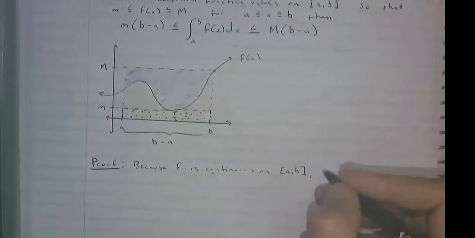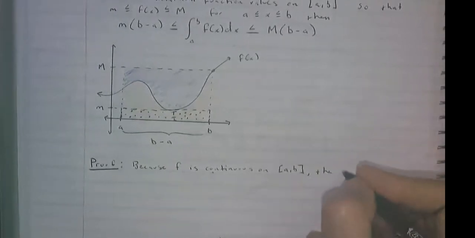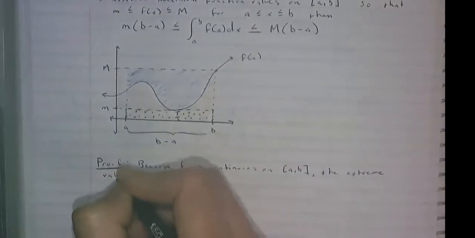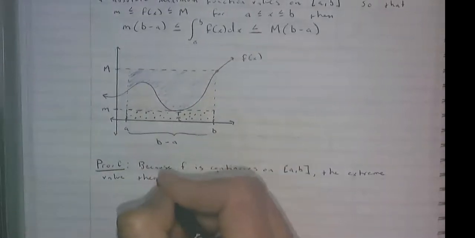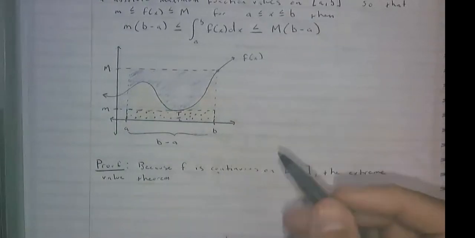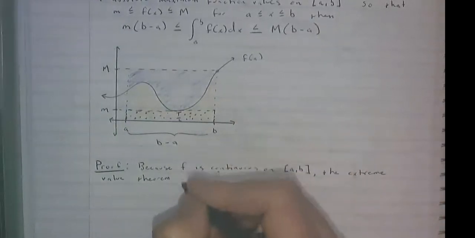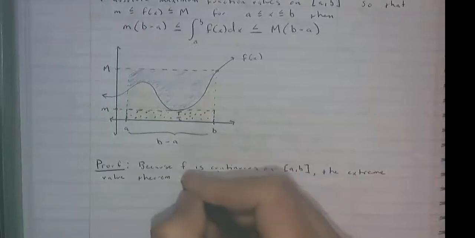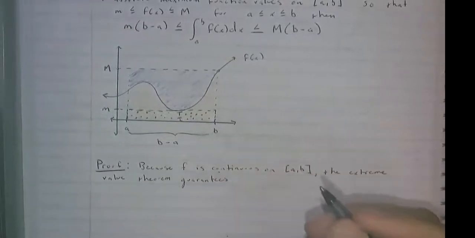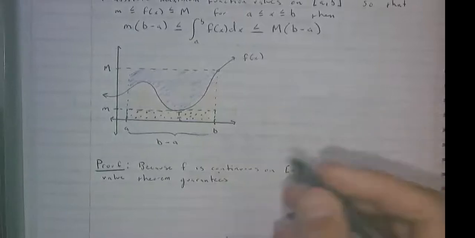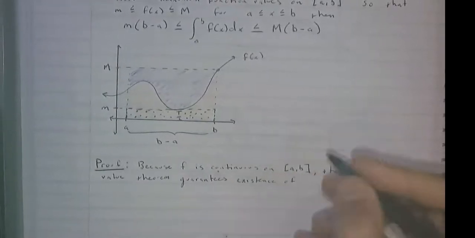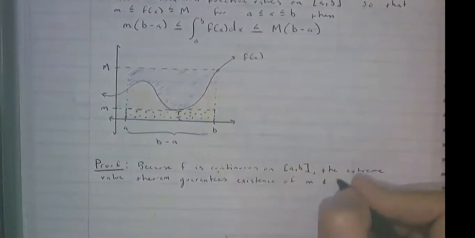And that is guaranteed by the extreme value theorem. There's that word guarantees again. Guarantees existence of little m and big M.